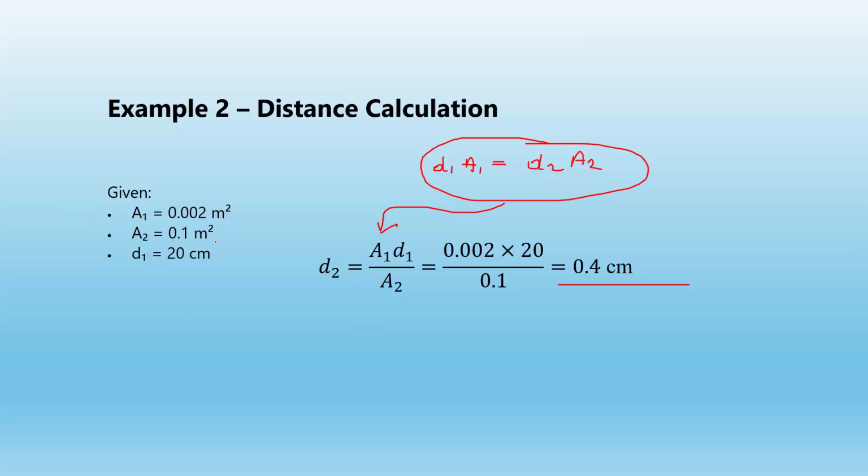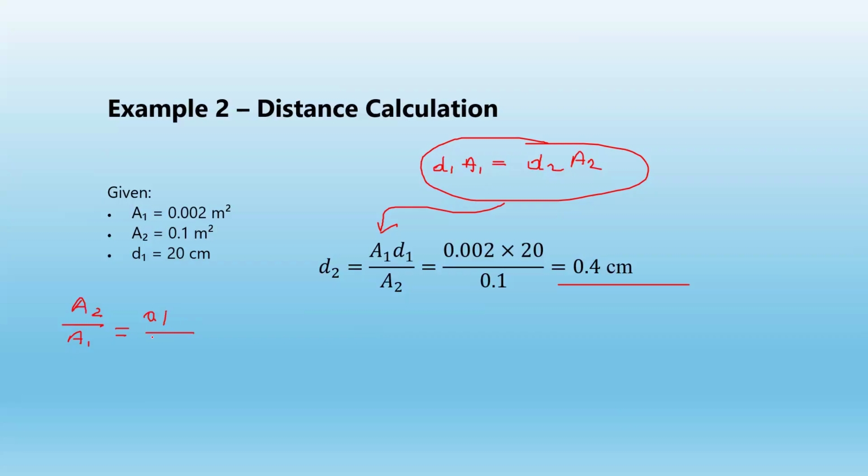They have to both be the same. So area 2 divided by area 1, which in our case we have 0.1. I'm going to skip the units for now.